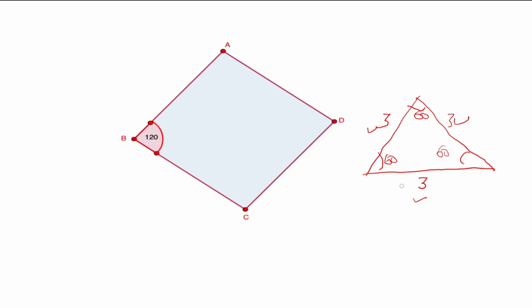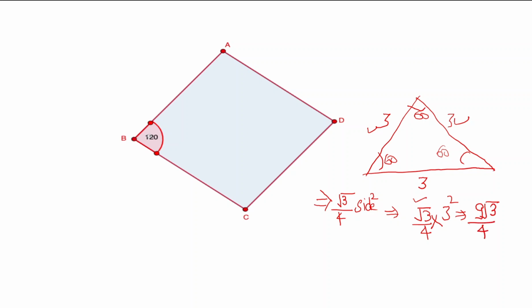Okay, now I have got the sides of the triangle, and I know this is an equilateral triangle, so I'm simply going to apply the formula for the area of an equilateral triangle, which is root 3 by 4 times side squared. So root 3 by 4 into side 3, squared is 9, so this would be 9 root 3 upon 4.